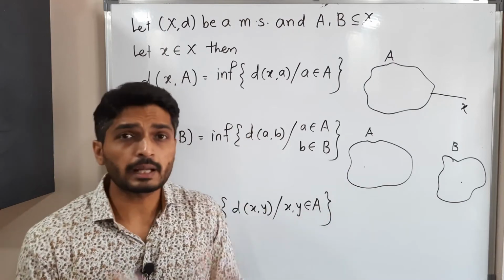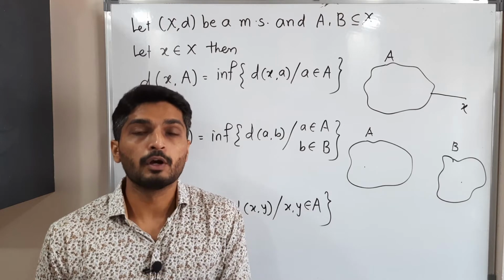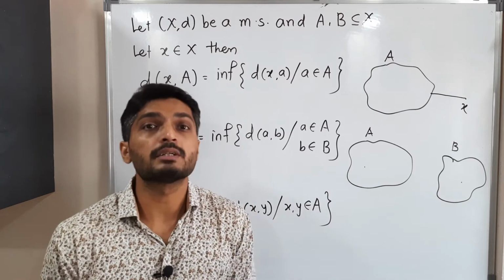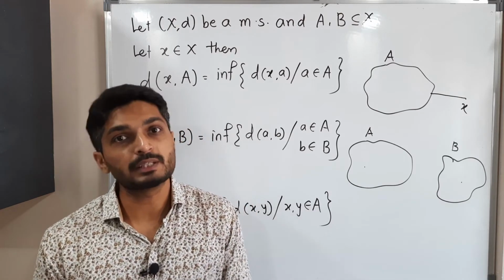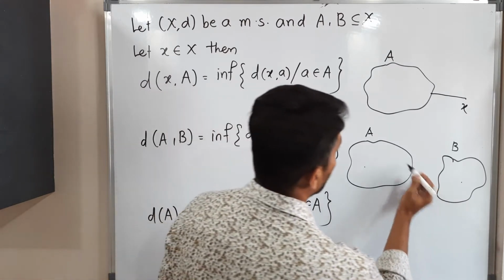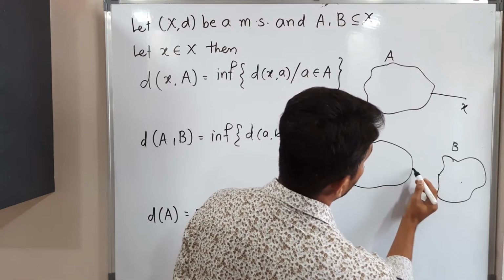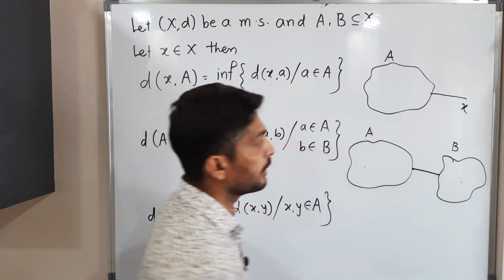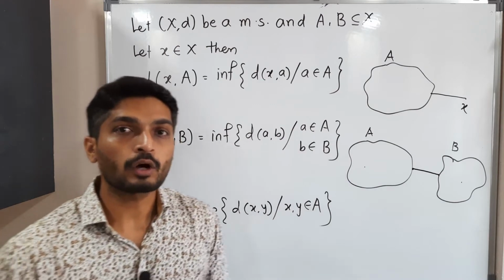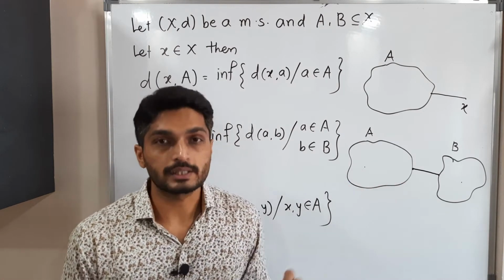You can take any arbitrary point of A, any arbitrary point of B. Whatever the infimum, minimum distance, that will be the distance between these two sets. That means if you select a point of A here and a point of B here, then the distance between them will be minimum or infimum. Then that will be the required distance of these two sets.